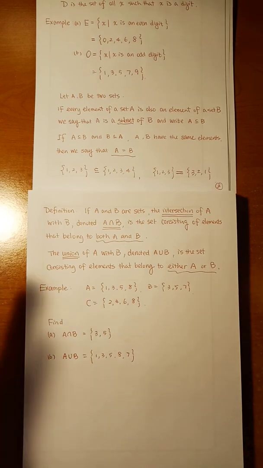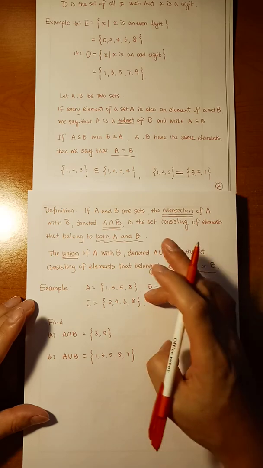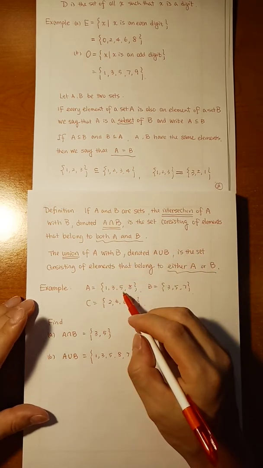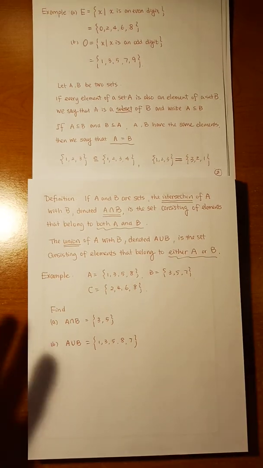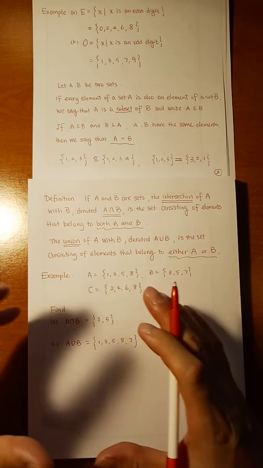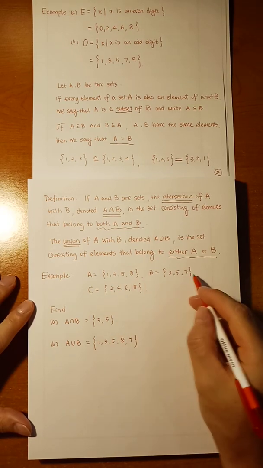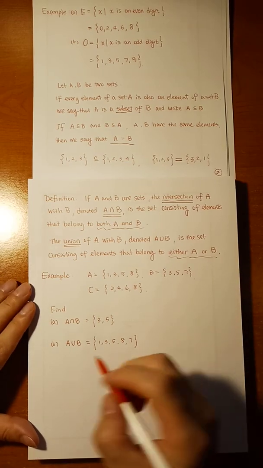The union, you're going to add the missing elements from B into A. So 7 is missing from A, so you just add 7 to this set, you get a bigger one. So union normally becomes bigger, intersection normally shrinks smaller. You just get all the appeared elements together, you get a union.